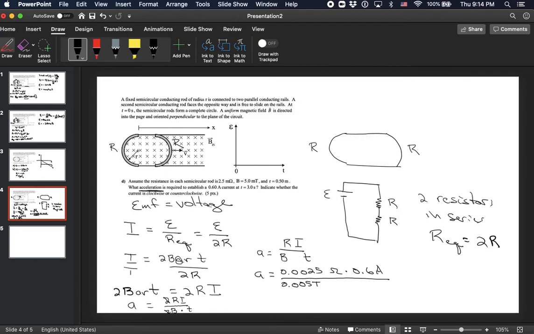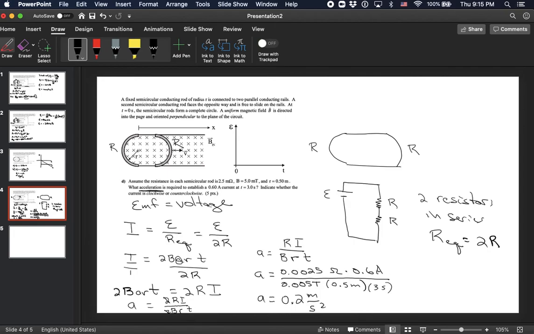So I'm just going to have 2BRT, and this is BRT. So R is, they tell us, do I know what R is? Yes, 0.5 meters, and T is 3 seconds. And when I plug that in, I get a is equal to 0.2 meters per second squared.